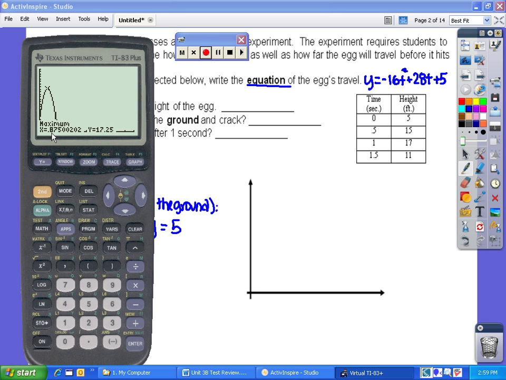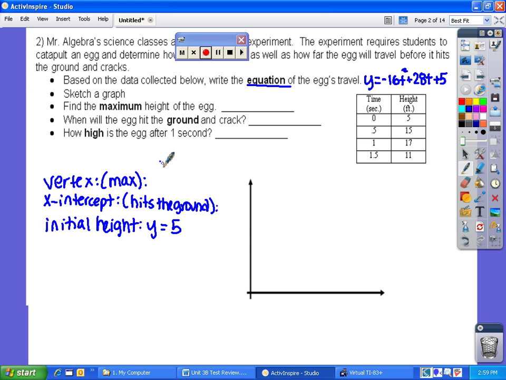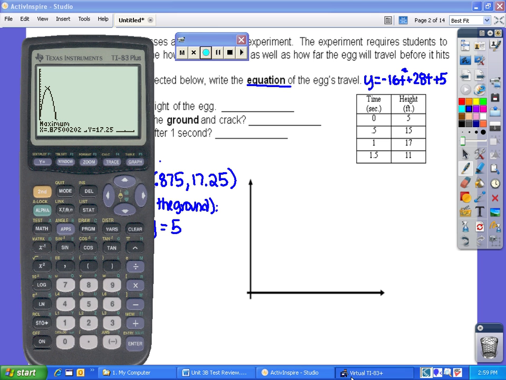So our vertex is at 0.875 and 17.25. Okay, next thing we need to see is when does it hit the ground? And that's at 1.913.